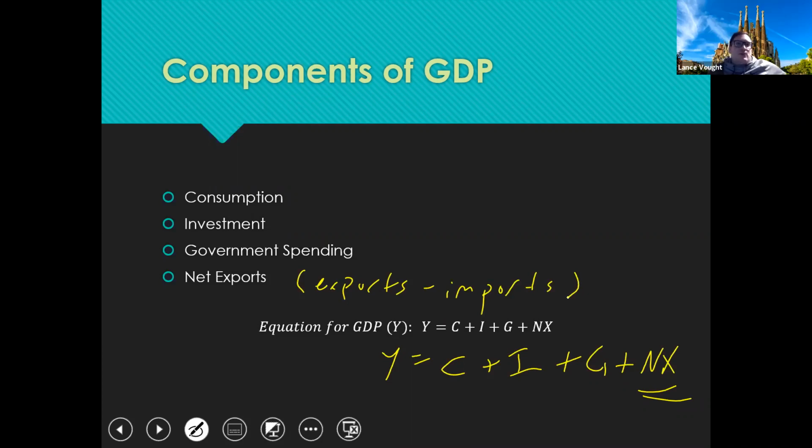The reason why we subtract imports is because they'll be positive for the foreign country, they'll be negative for our domestic country. Exports will be positive for our country, negative for the foreign country. And so if you added up all of the world's net export values, it would equal zero.